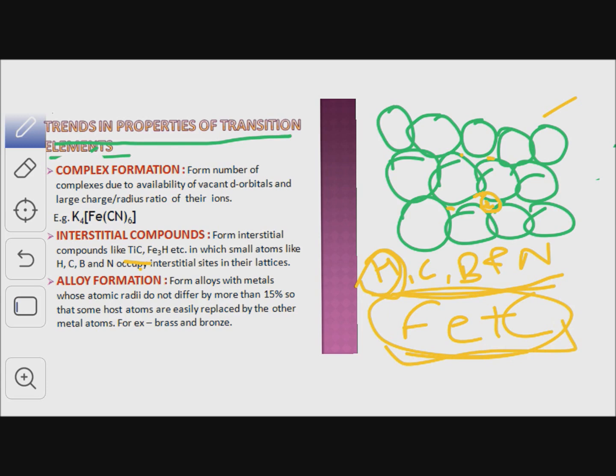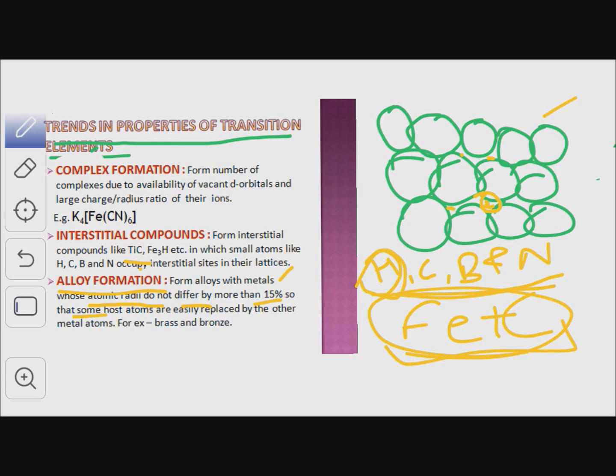Next is the alloy formation. Most of the atoms of transition elements form alloys with transition metals, and the atomic radii in this case do not differ by more than 15%, so that the host atoms are easily replaced by the other metal atoms.